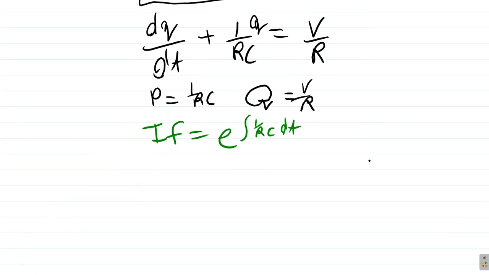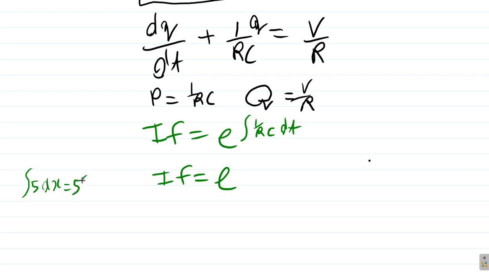That is our integrating factor here. So what does this turn out to be? Our integrating factor is e to the, now when you integrate here, remember 1 over RC is a constant, right? When you integrate a constant with respect to x, it's like you're saying integral of 5 dx. This would be what?